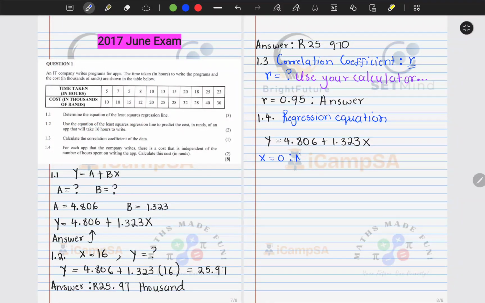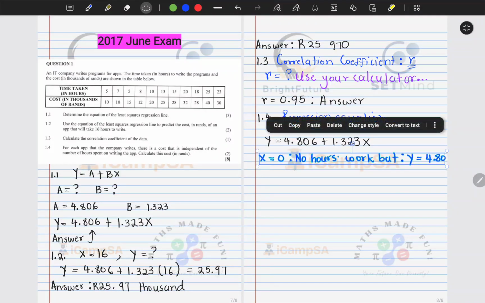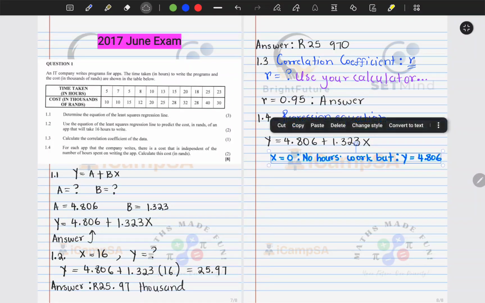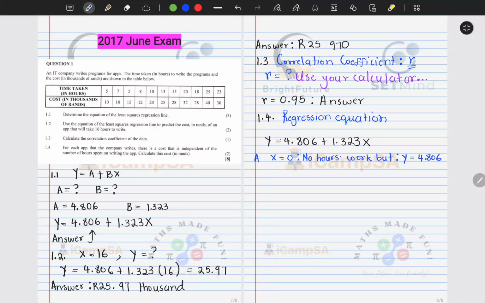What this means is no hours worked. But if you look carefully, when you substitute x as 0, you get y, which is 4.806. So although there are no hours worked, there is a fee that gets charged at x equals 0. This would be the standard fee that the company charges.